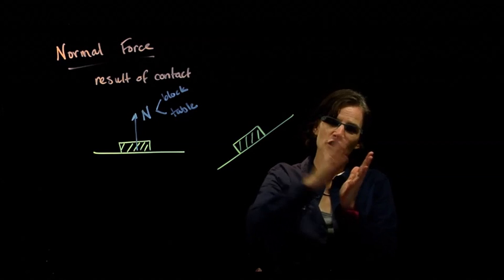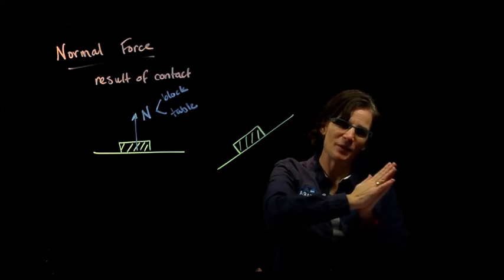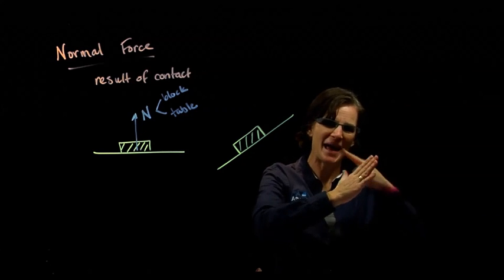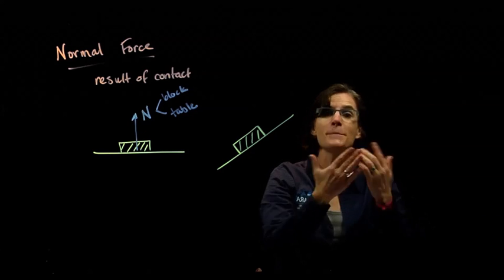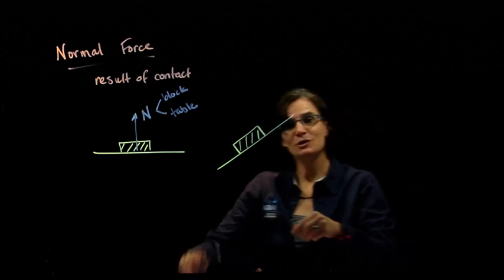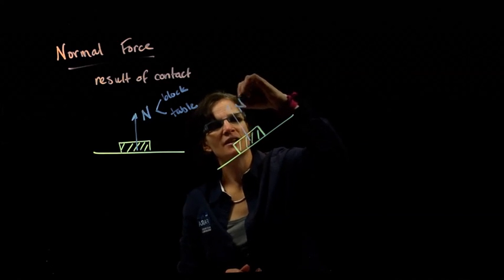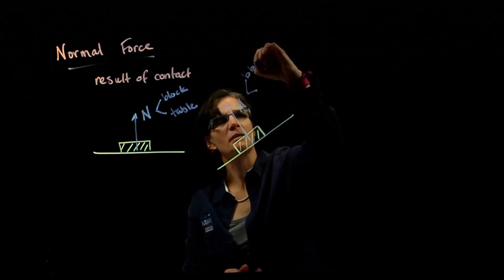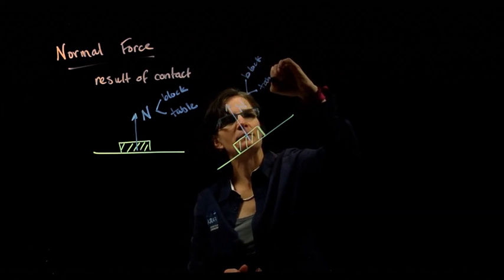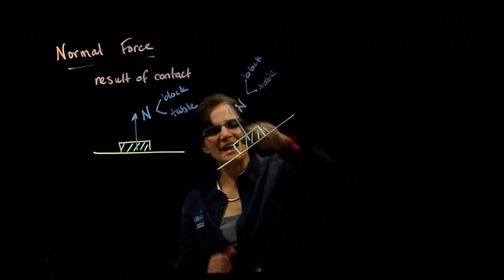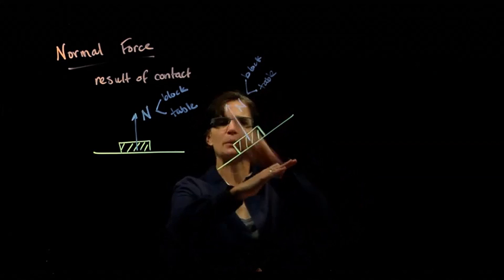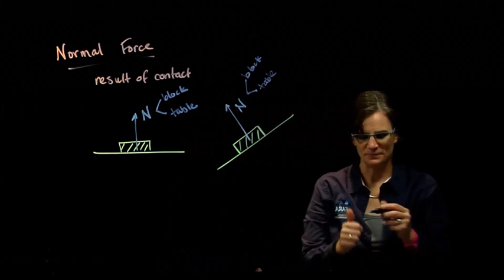If I'm squishing the molecules this way, they want to push back that way, perpendicular to the surface. So they're pushing this direction on the block. And again, this is between the block and the table. Pushing as if I were going to squish this way, they're going to push back that way.